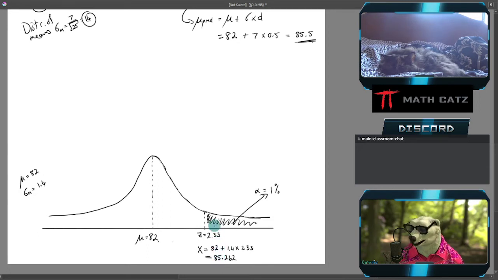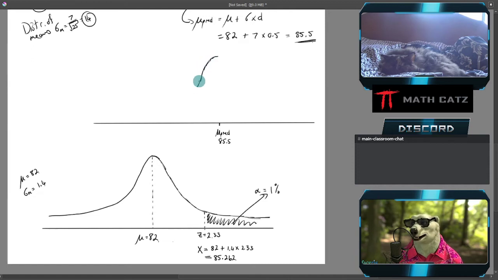So let's draw another distribution above this one, positioned at the actual, or my best guess for the actual mean, which is 85.5. So that's going to be a normal distribution. Same shape, but of course I'm not going to be able to draw it the same way.